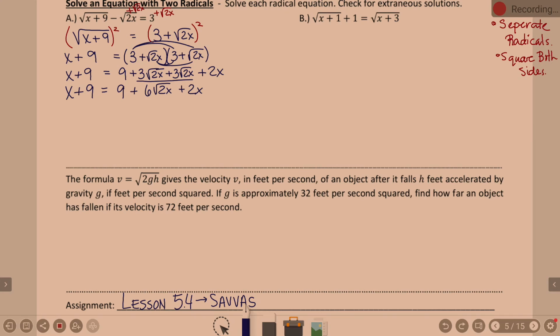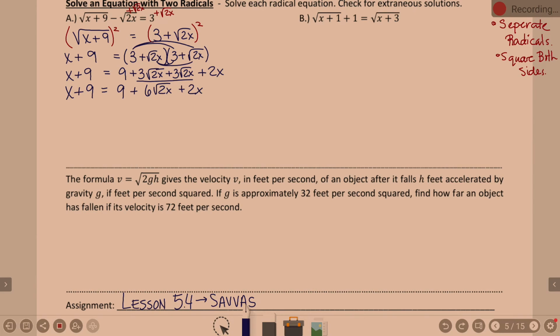What do we still have hanging out in this problem? We still have a radical, don't we? Okay. So we're in a better position. We had 2 radicals. Now we just have 1. So we're going to reuse our technique from yesterday. We have 1 radical. How do we get rid of that radical? Isolate it and then square both sides. So we're going to square both sides one more time, but not until we get the radical by itself.